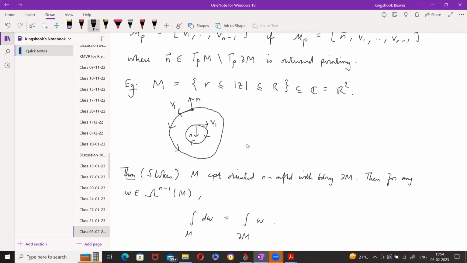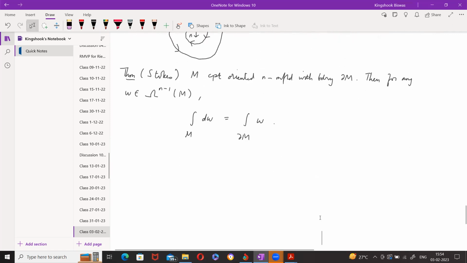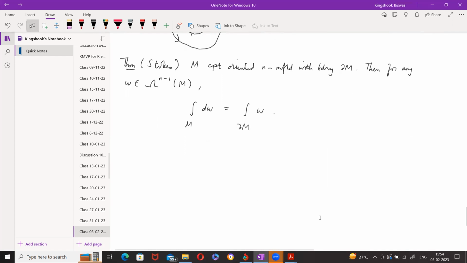Boundary M is an oriented N-1 manifold, so I can integrate my N-1 form over it. Is this clear? All right. So this is Stokes' theorem.